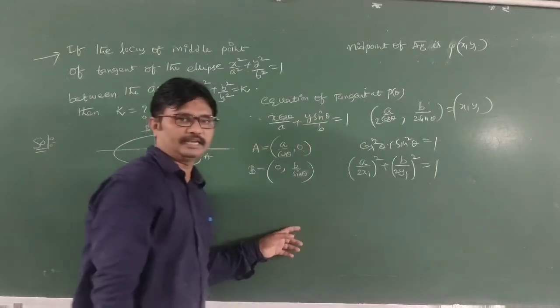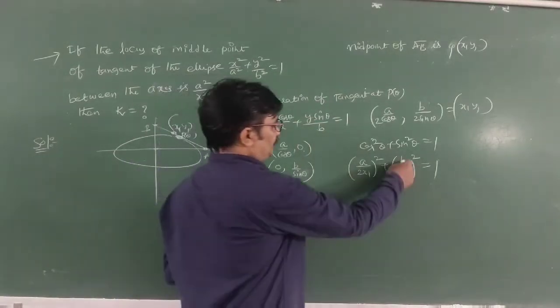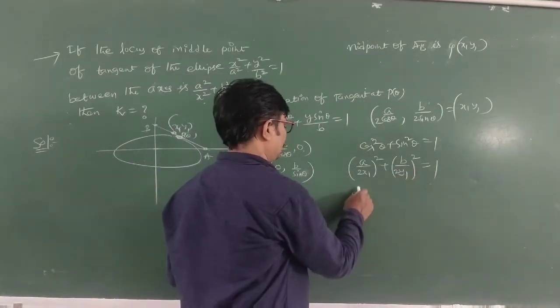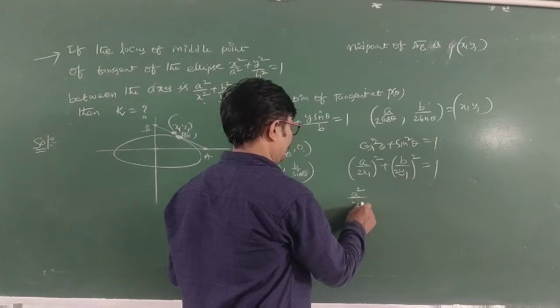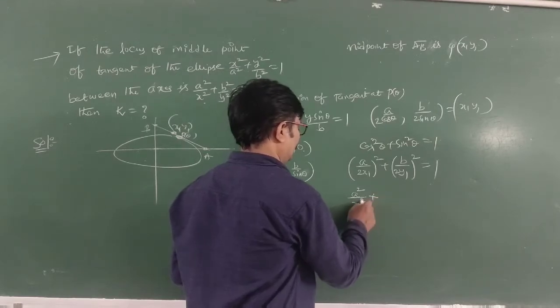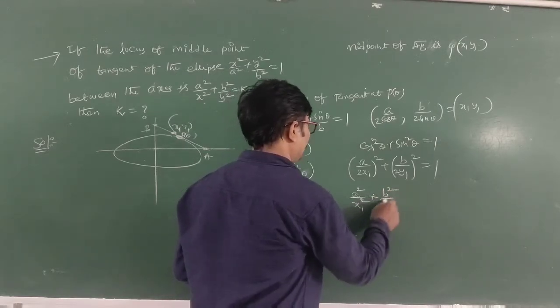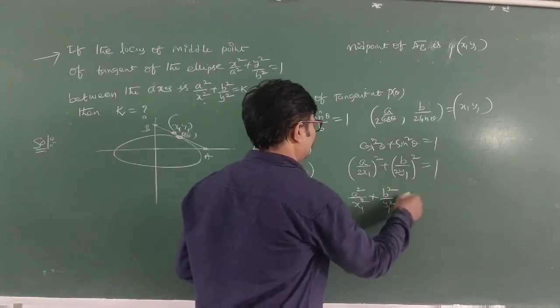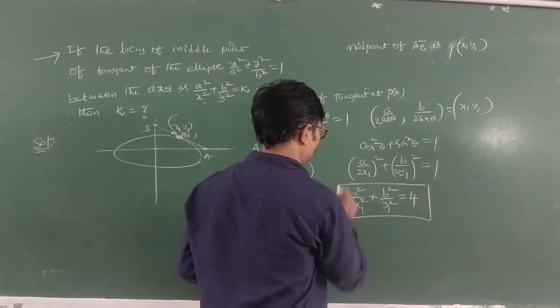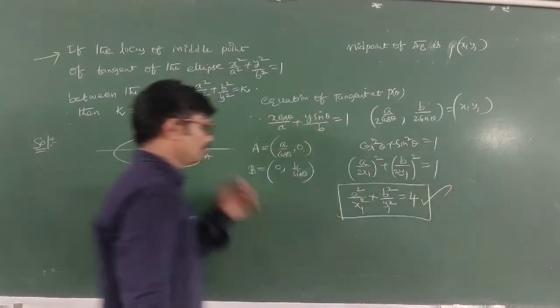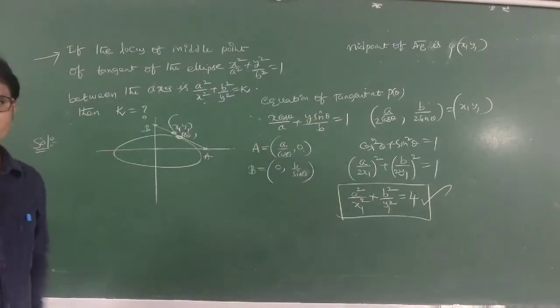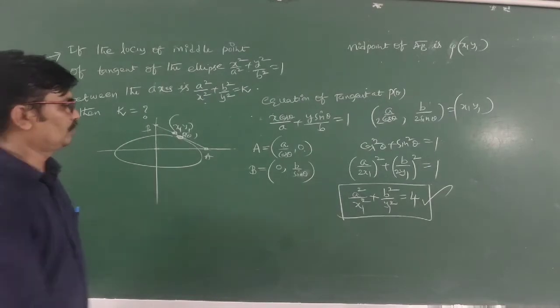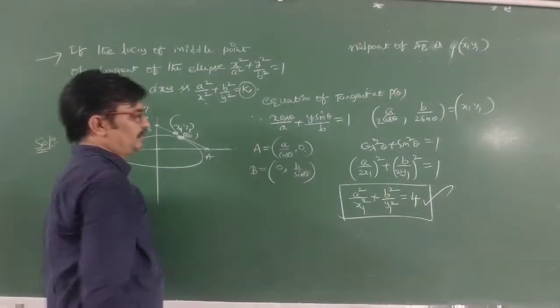You can interchange sin and y. Sin theta is b by 2y1. This is a square by x1 square plus b square by y1 square. This is 4. My dear students, a square by x square plus b square by y square equal to 4.